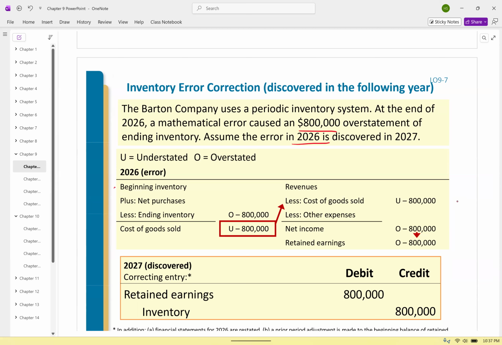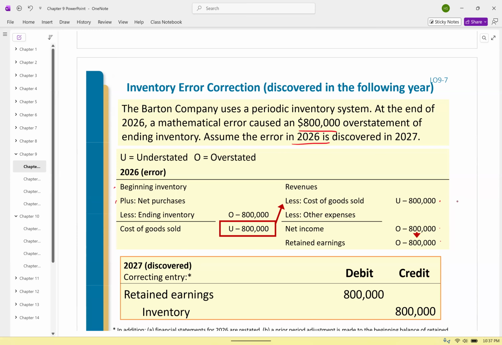We have beginning inventory plus purchases, less ending inventory. Ending inventory is overstated, which understates cost of goods sold. An understated cost of goods sold means an overstated net income and overstated retained earnings.